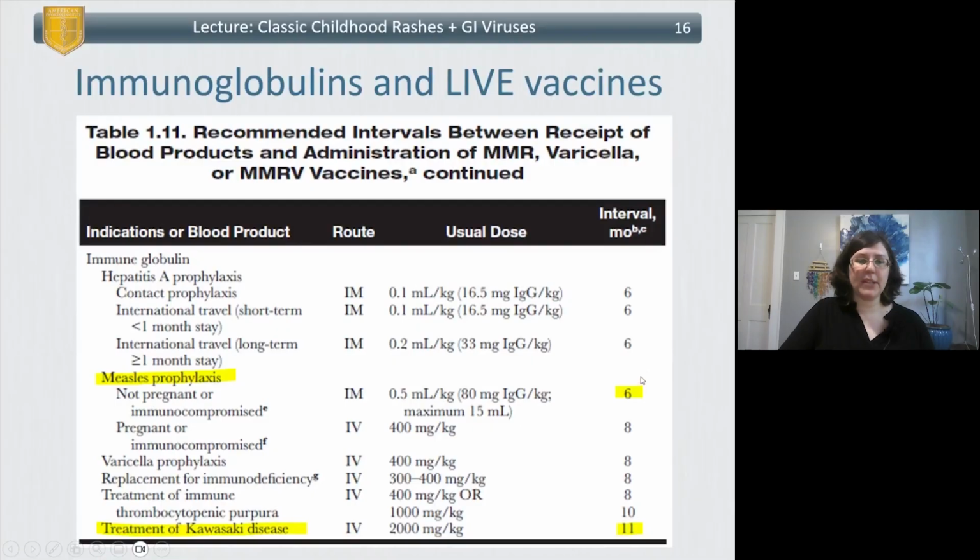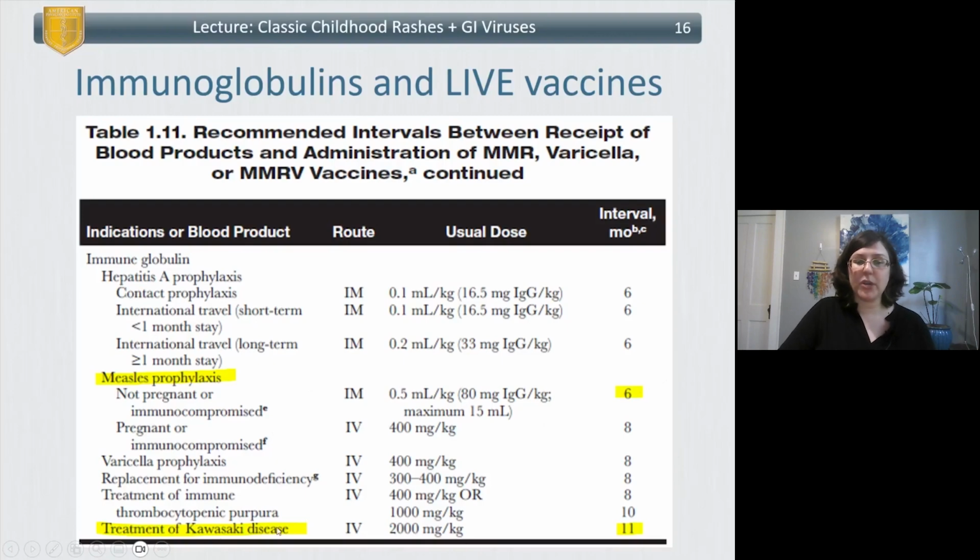Okay, so remember I told you, after we treat Kawasaki, you need to wait 11 months before you give live vaccination. In particular, we're thinking about MMR and varicella. So this is just a little chart showing how long you need to wait after getting various kinds of immune globulin for various reasons. There are just two that I want to point out that I think are important.